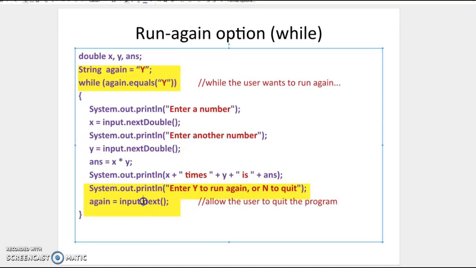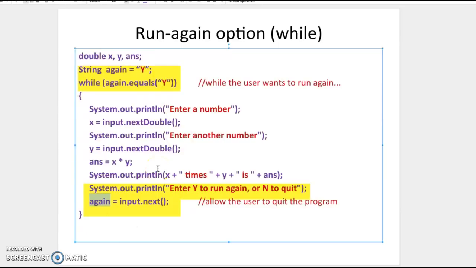Now, remember there is no next string, so I just read in the user's input with next. And as long as they enter a capital Y, I'll keep going. But really, any other input they give me is going to make this quit, even if it's not an N. So any other string value is going to make this quit. The only thing that will make this loop continue is if what they enter is this capital Y. So again, here we read into that variable whatever the user entered.